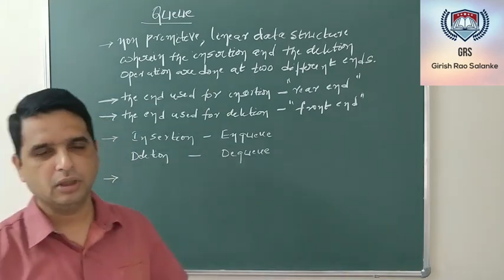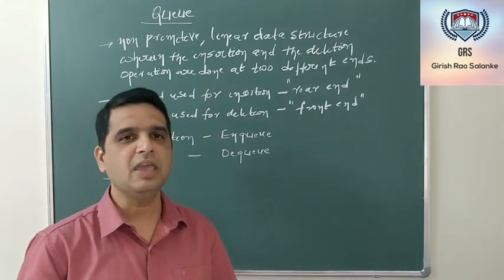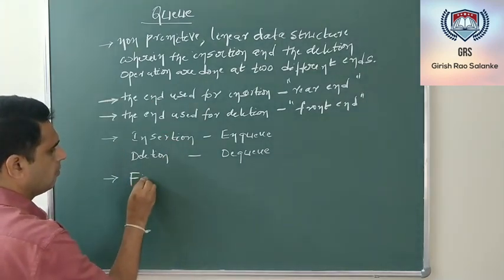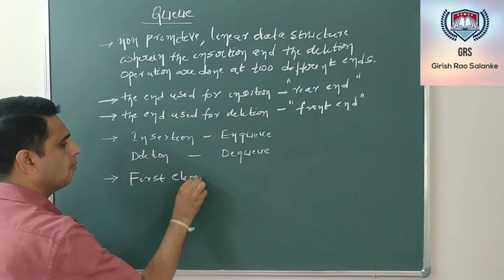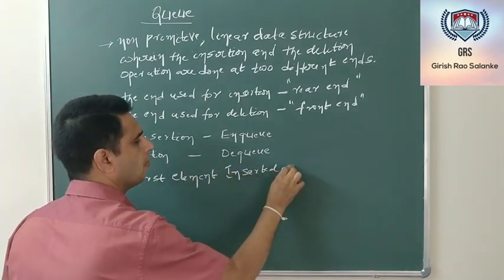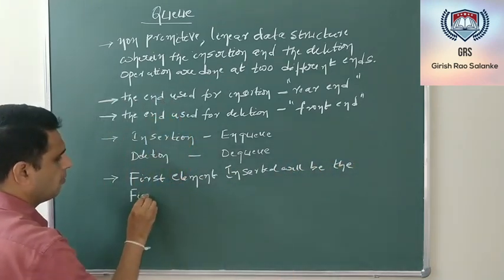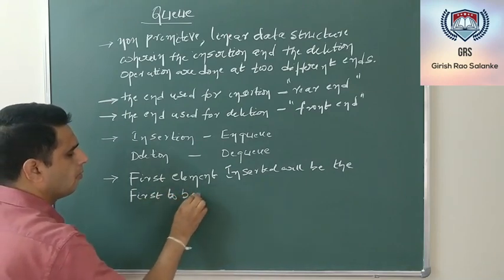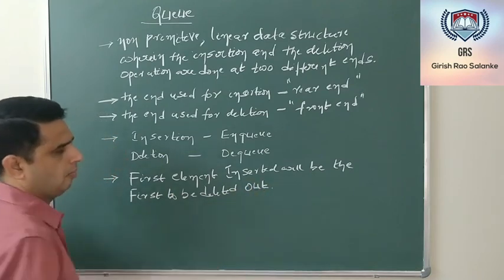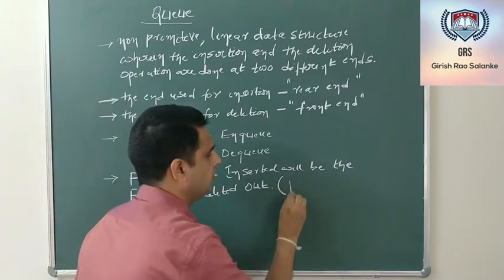And one more point about a queue is, the element that was inserted first will be the first to be retrieved out. So, we call a queue FIFO.